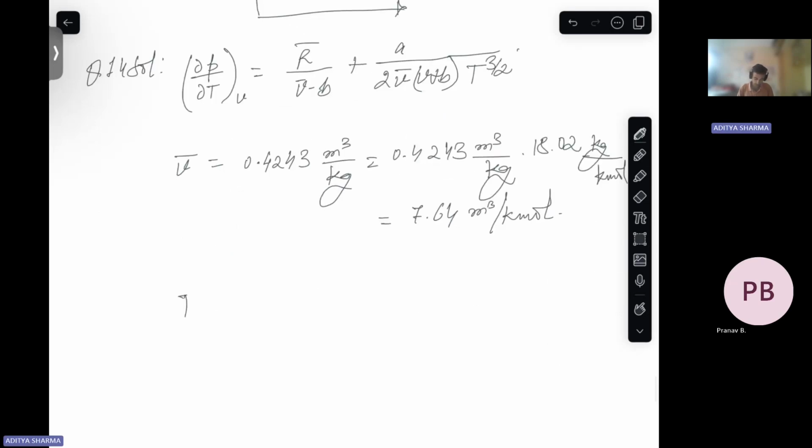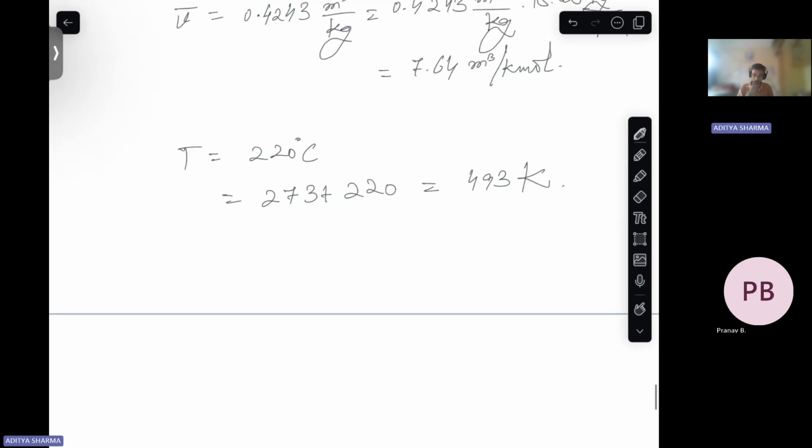Then if you see, the temperature is 220 degrees Celsius. That is 273 plus 220 equals 493 Kelvin. Okay. Now we are good to go.